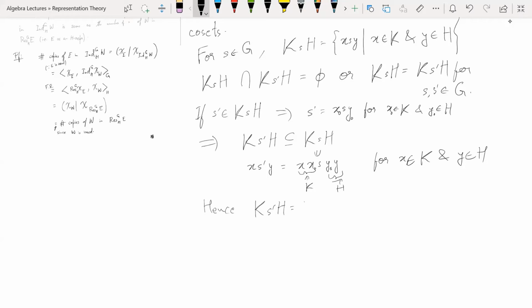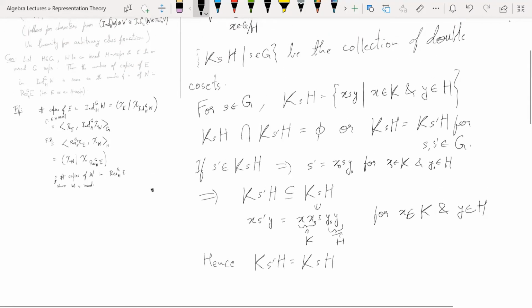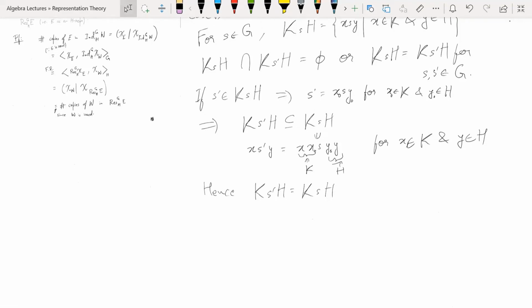KsH equals Ks'H, because if you take something here, you can show it also belongs to this one: you just multiply by x_0 inverse and y_0 inverse on the two sides, conjugating x y appropriately. So this gives you a partition of G, like the left cosets.